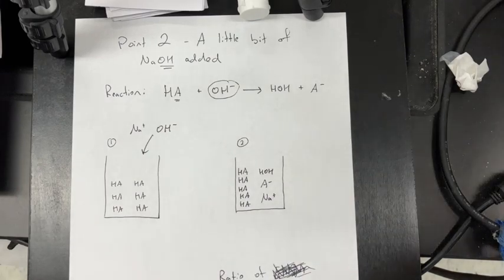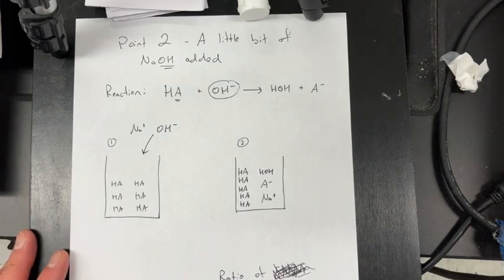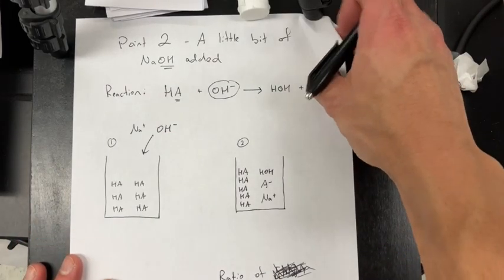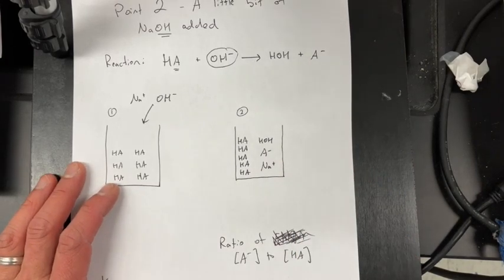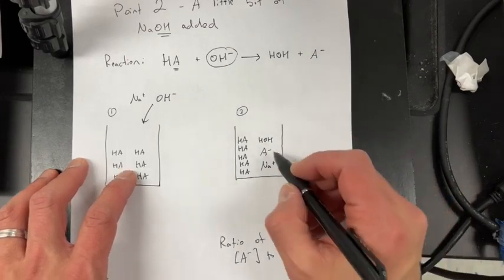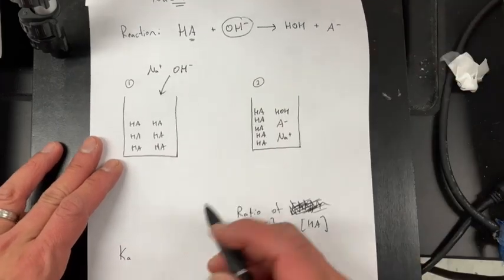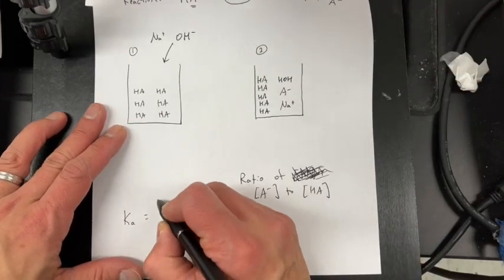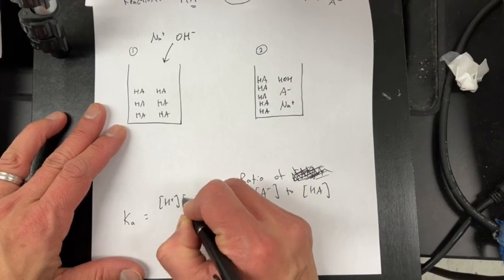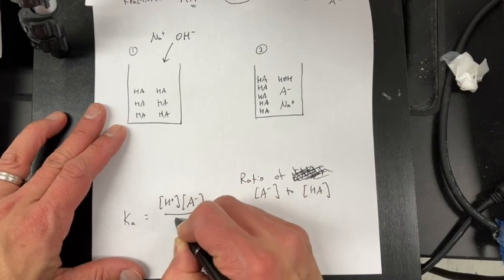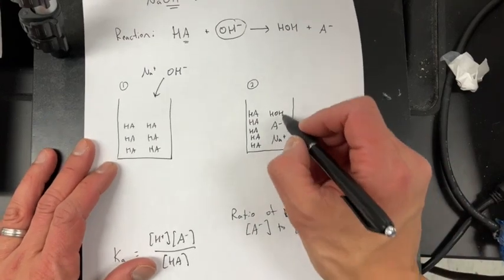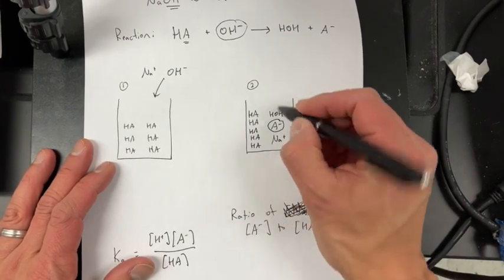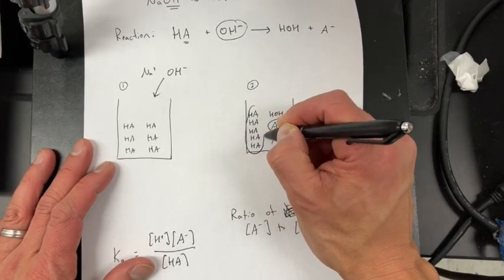So in this, if I look at my ratio of how things are set up here, I have, well, my Ka, I'm going to write my Ka again. My Ka is always going to be H plus, A negative, all over HA. But now I have A negative and I have HA in here.